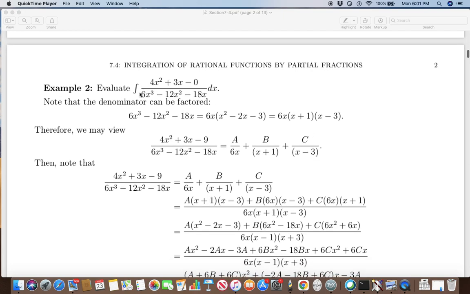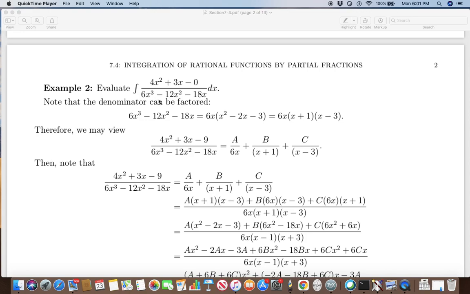For example, here the numerator, oh, that should have been a 9, okay. Numerator is 4x squared plus 3x minus 9. Denominator is 6x cubed minus 12x squared minus 18x dx. So notice this is a proper rational function.